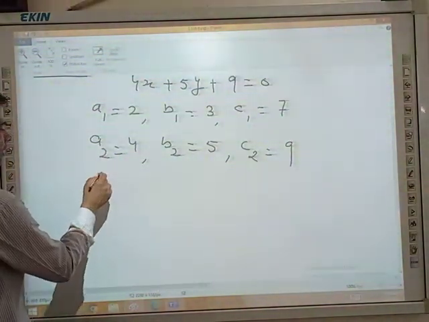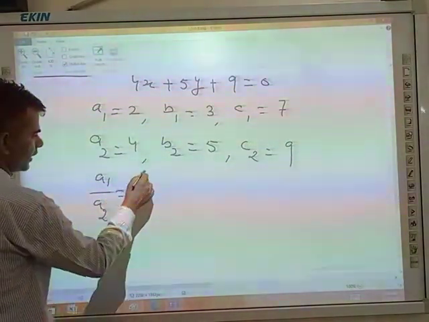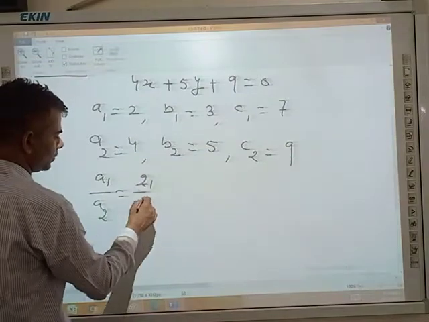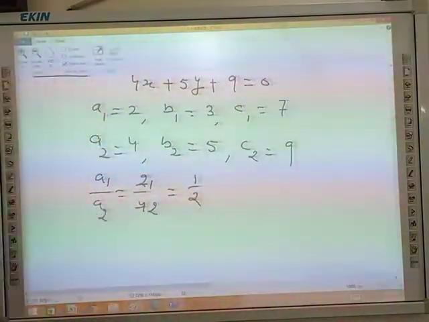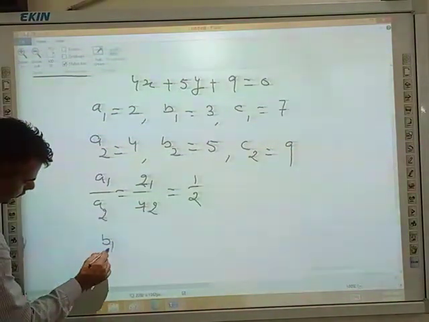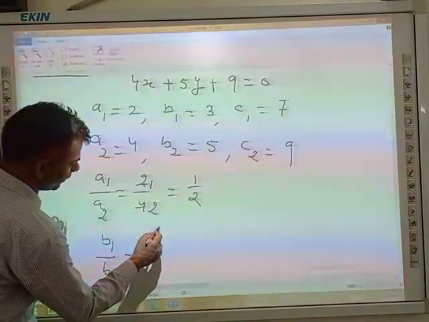We will find out A1 by A2. What is A1 by A2? That is 2 by 4, that is 1 by 2. Now students, what is B1 by B2? That is 3 by 5.